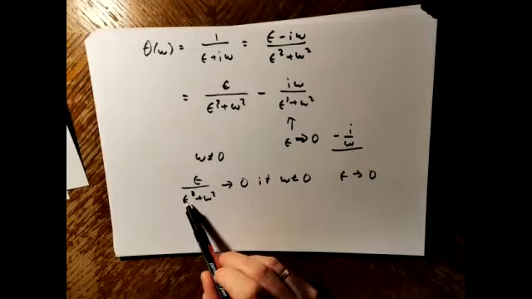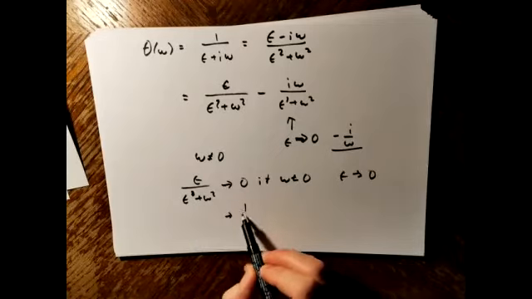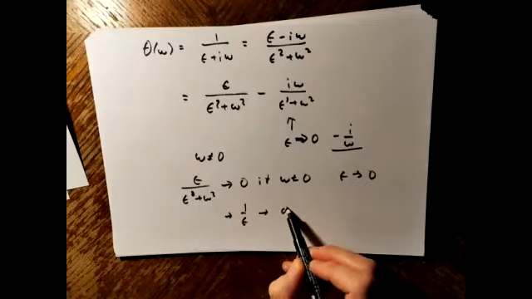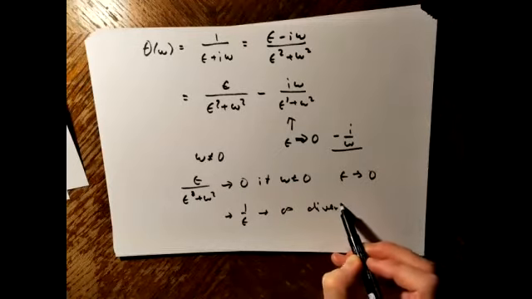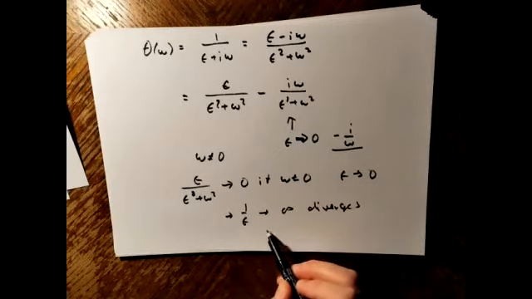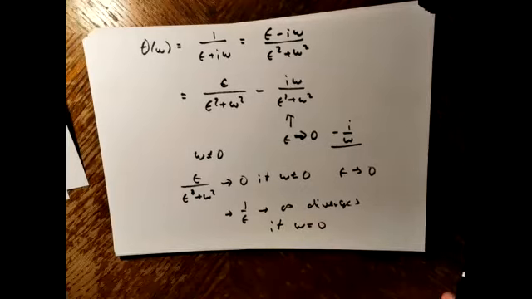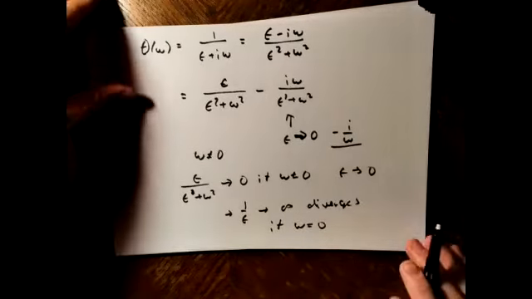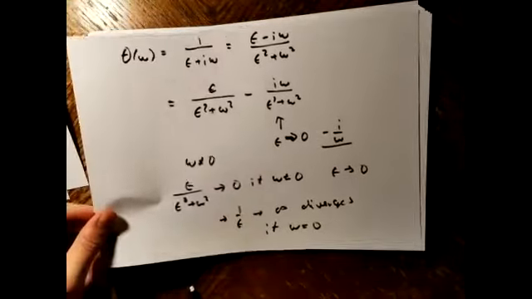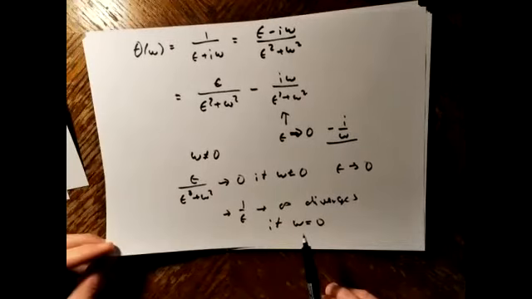If omega is 0, then I'm getting 1 over epsilon. So this actually diverges in that case. So if omega is 0, then we get a divergence. But it's actually a useful divergence, because we can show that this is related to a delta function.